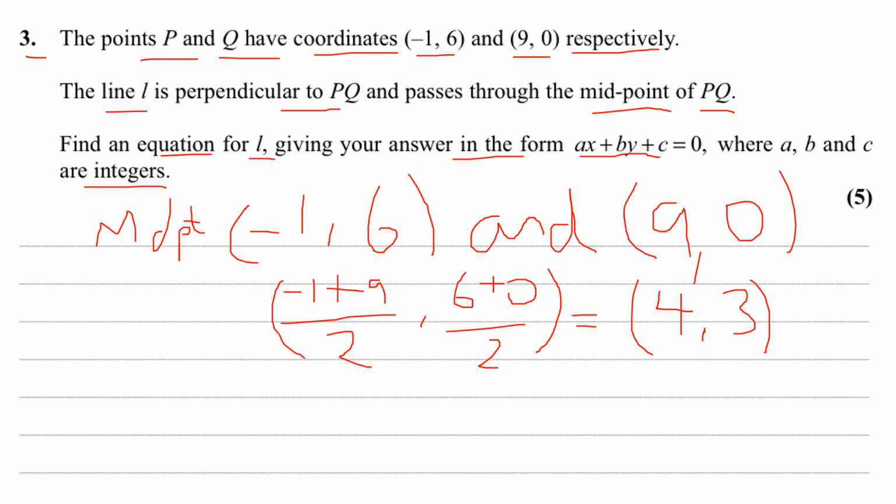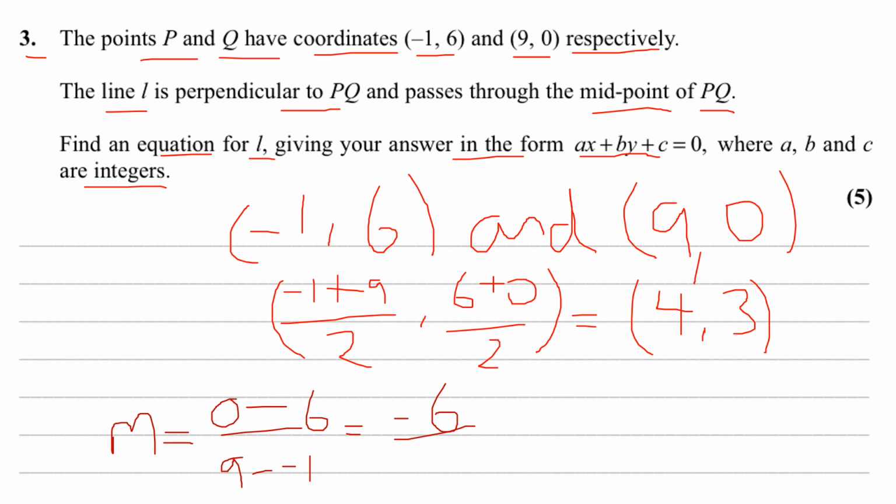What's our next step now? Well, we're going to work out the gradient of PQ. So that's going to be the change in y over the change in x. So we're going to have 0 minus 6 over x2 minus x1, so 9 subtract -1. 0 subtract 6 makes -6, over 9 minus -1, which makes 9 plus 1, which makes 10.